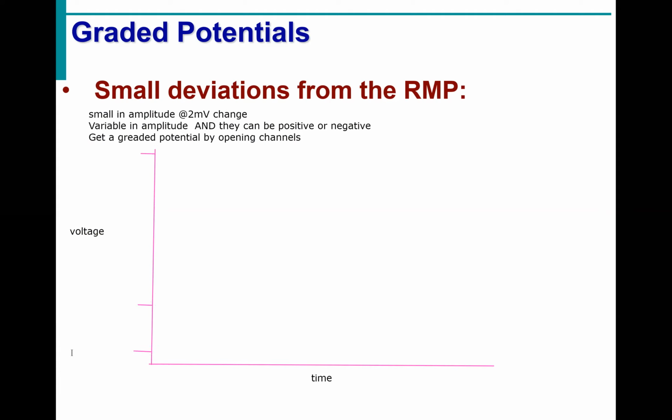Those voltages, as we know, are the equilibrium potential of potassium, which we know equals negative 90 millivolts. Up here, we have our equilibrium potential of sodium, which we know equals positive 66 millivolts.